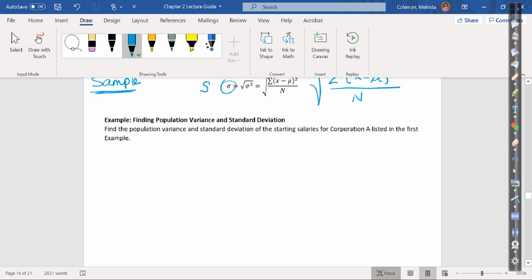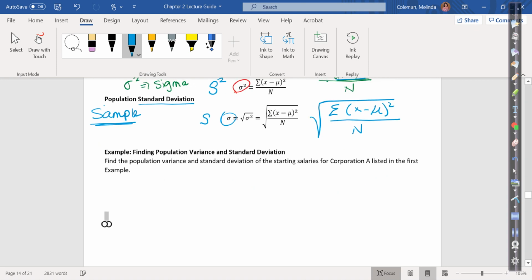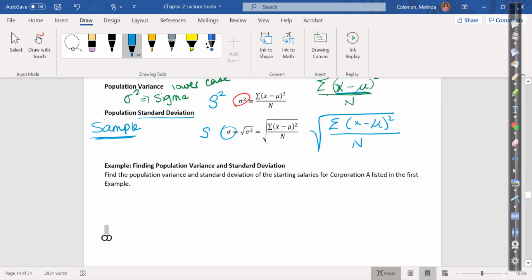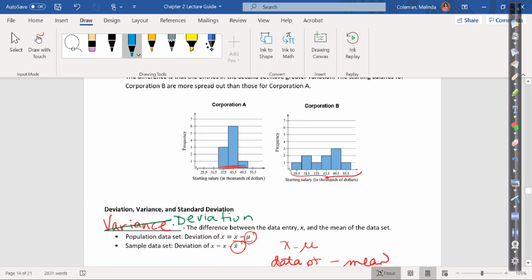All right, so example 2, find the population variance and standard deviation of the starting salaries for Corporation A listed in the first example. All right.